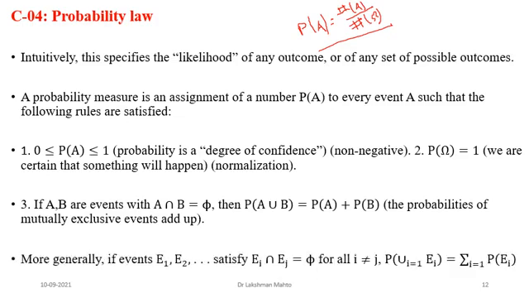Further, we can generalize this third assumption by taking a collection of events which are pairwise mutually exclusive. Then we can calculate the probability of the union of all those events just by summing the respective probabilities.